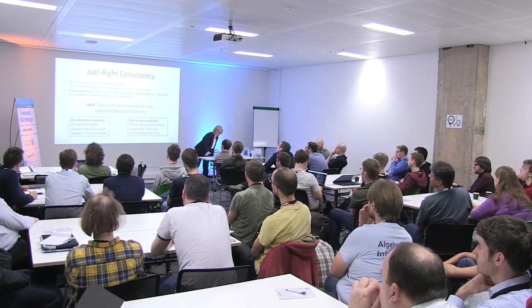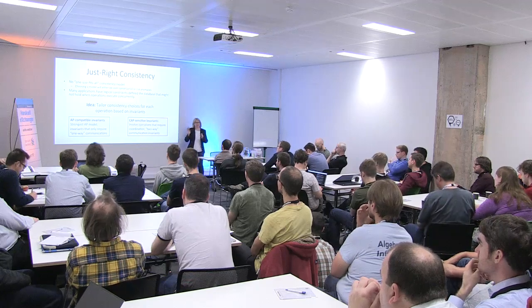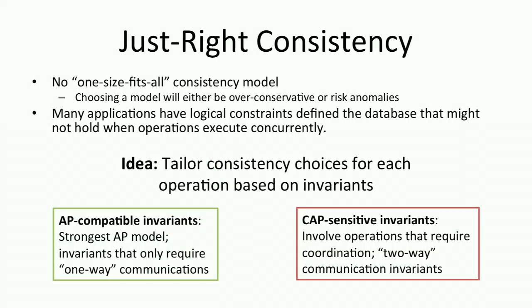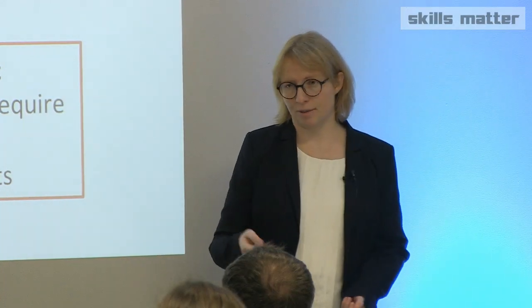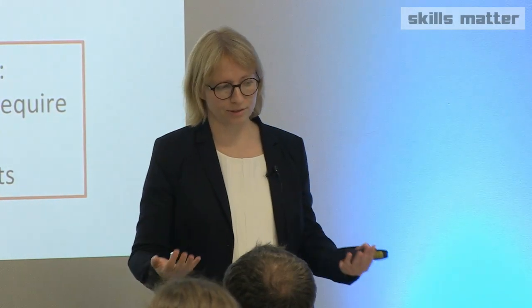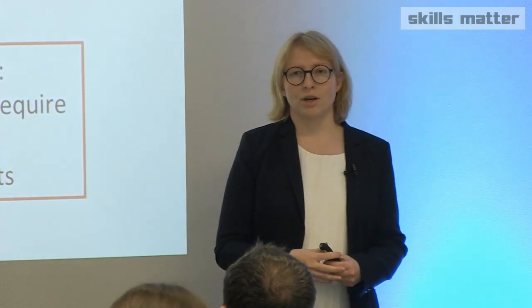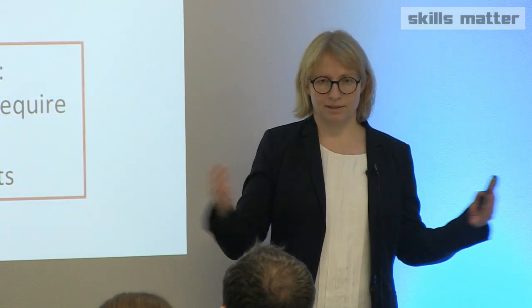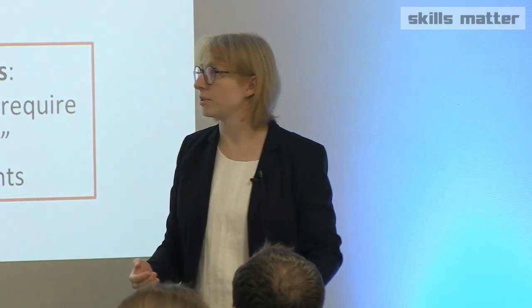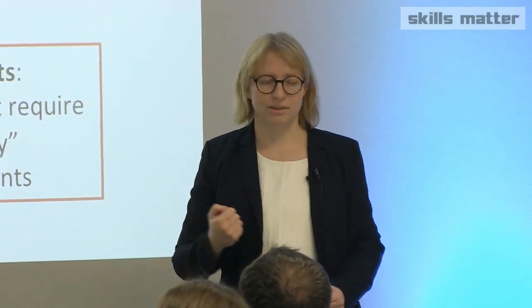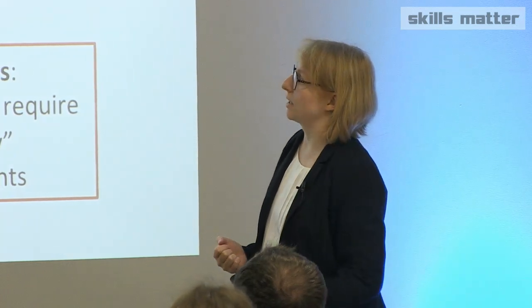So a little bit running out of time, so just let me sketch a few things. Typically, when you have a data store, you have one way of configuring the consistency semantics for this. You can say, I want it to be serializable, I want to have snapshot isolation, I want it to be eventually consistent or something. The problem is, if you look at the range of applications that are out there, this one-size-fits-all consistency model really does not exist.